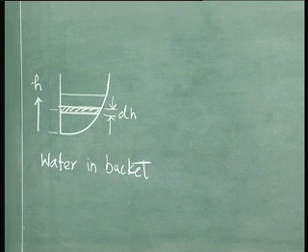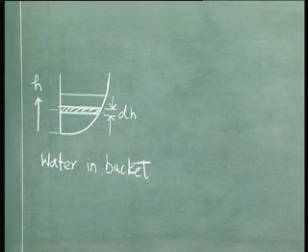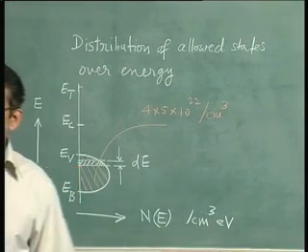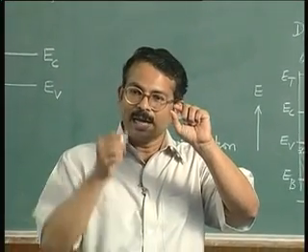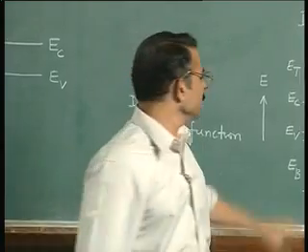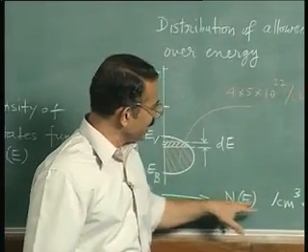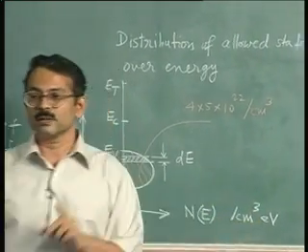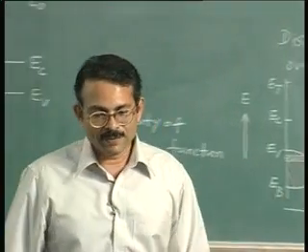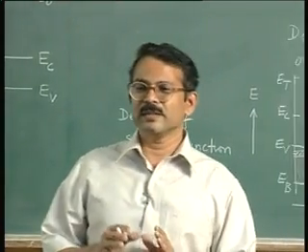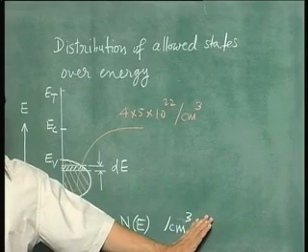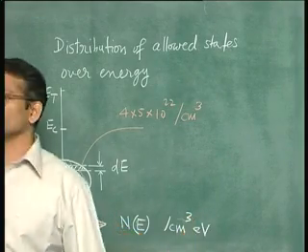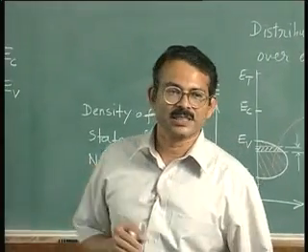Similarly, the number of states within an energy interval dE at an energy E. So you take the energy interval dE around E, only then it makes sense. That is why the unit of N(E) is per centimeter cube per electron volt. I want to emphasize this point because invariably the students forget the electron volt part of this unit, which means they have not understood the physical significance of this function.